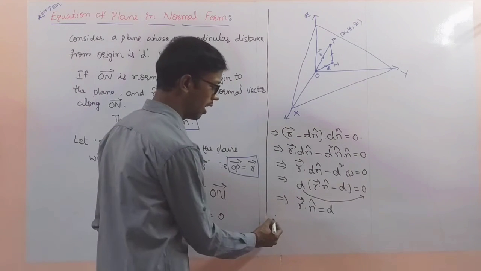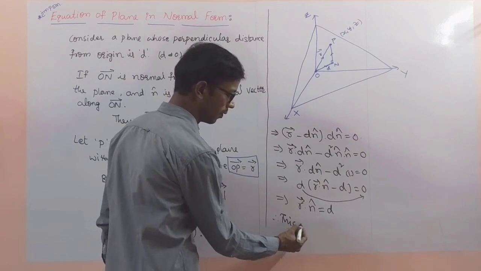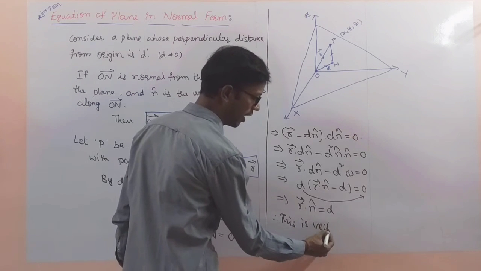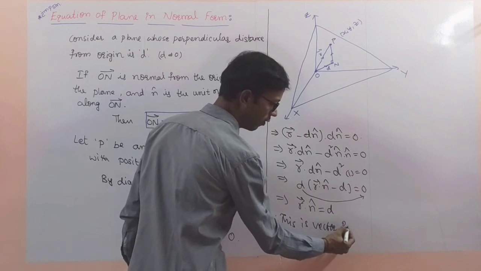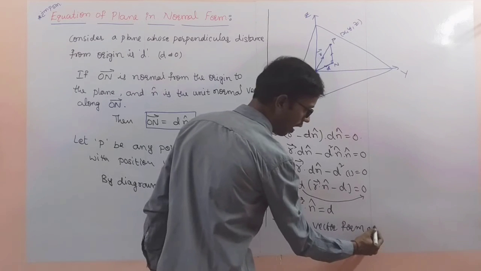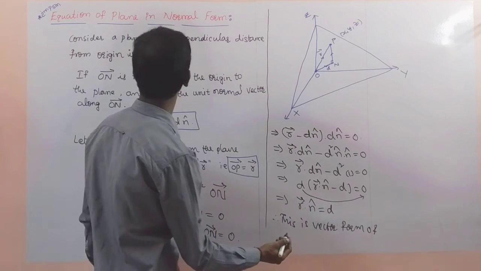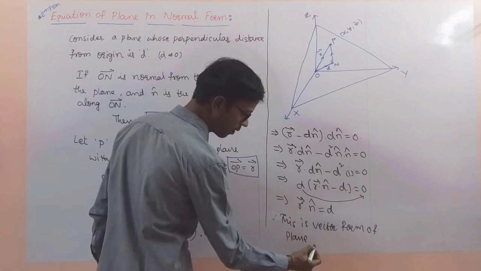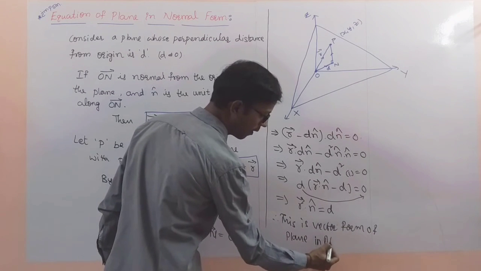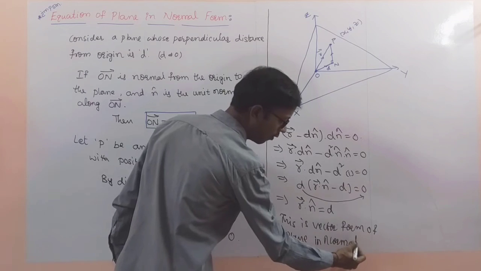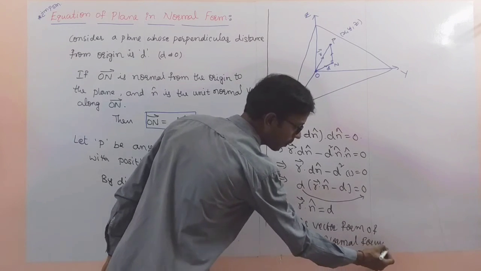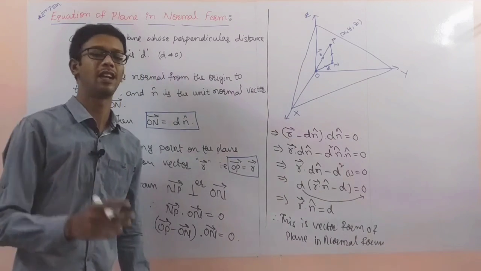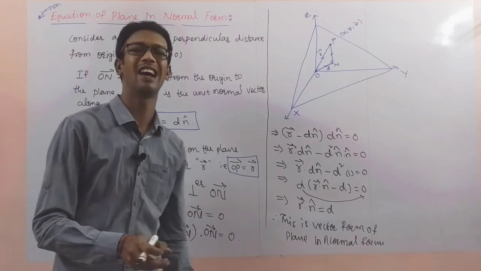This is the vector equation, the vector form of a plane in normal form. Already we discussed it in lines also, vector equation and Cartesian equation.